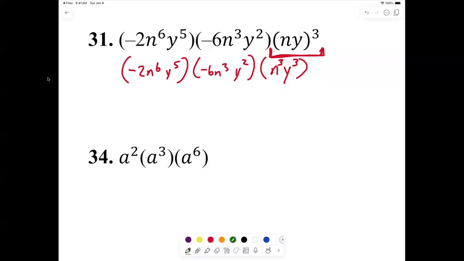So tell me what we're dealing with here. To the what power? No, how many n's are there altogether? How many here? 6. How many here? How many here? Altogether, that's how many?